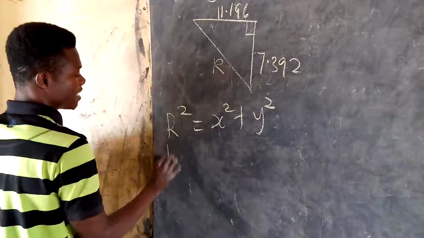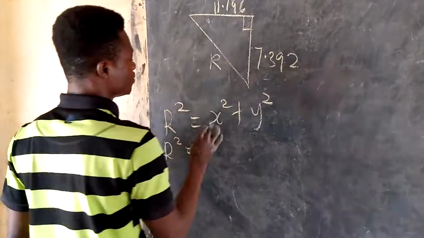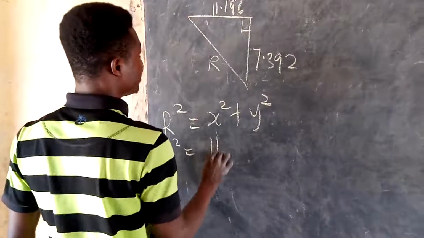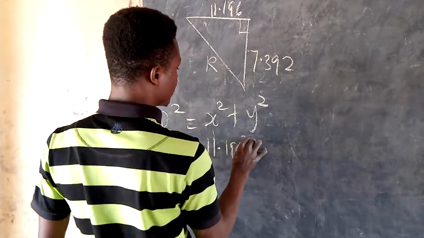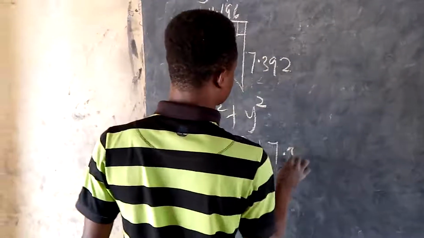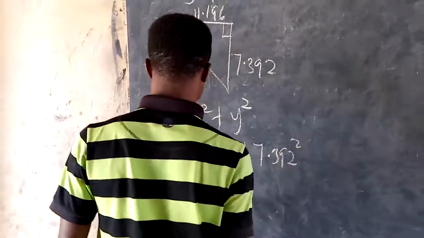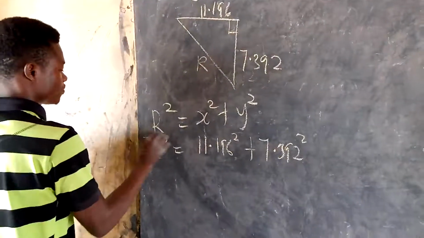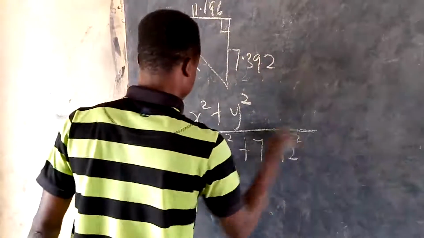So my R squared is equal to 11.196 squared plus 7.392 squared. Let's square root the whole of this.